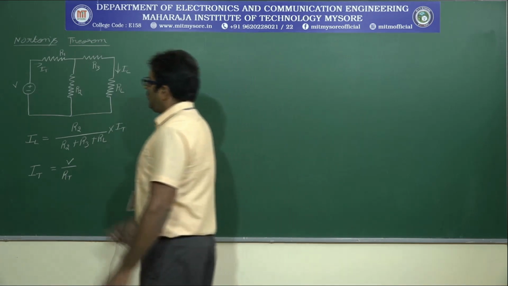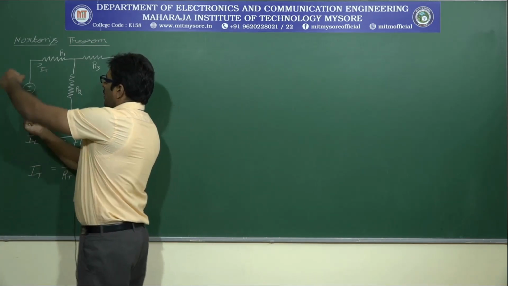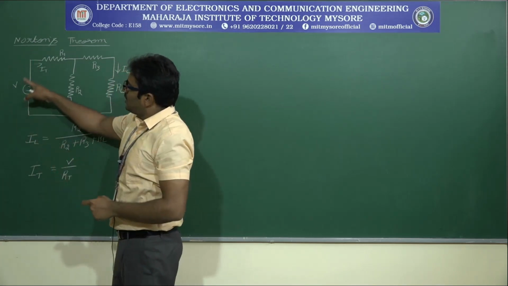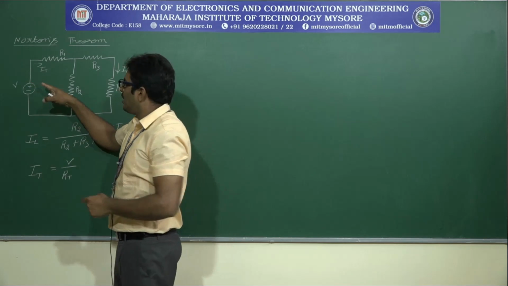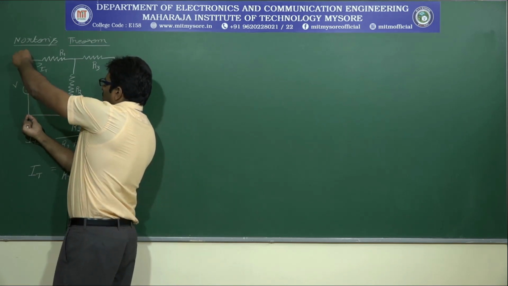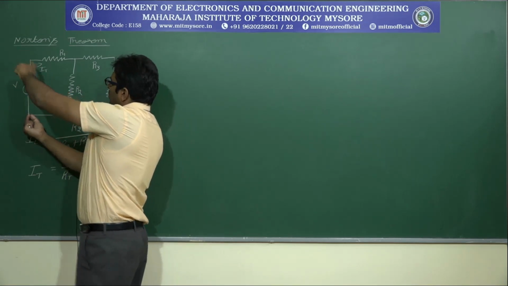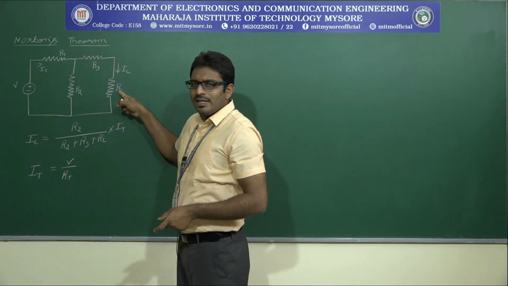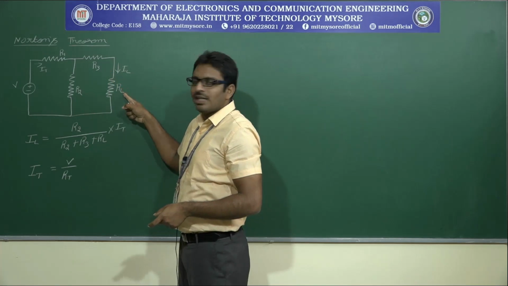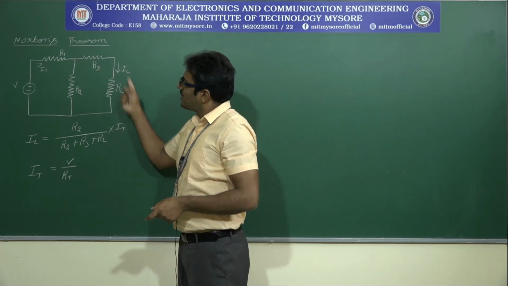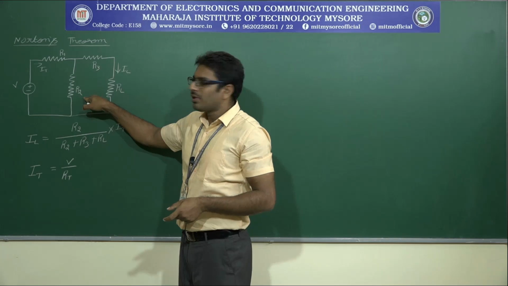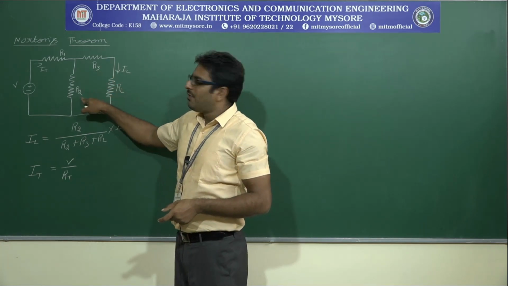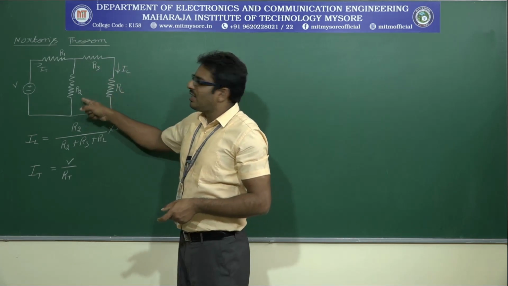We are finding the effective resistance between these two terminals. If you measure the total effective resistance between these two terminals, what is it? These two are in series, so R3 plus RL. This series combination is in parallel with R2, so we get (R3 plus RL) times R2 divided by (R3 plus RL plus R2).